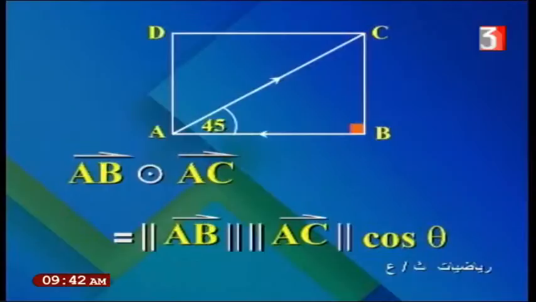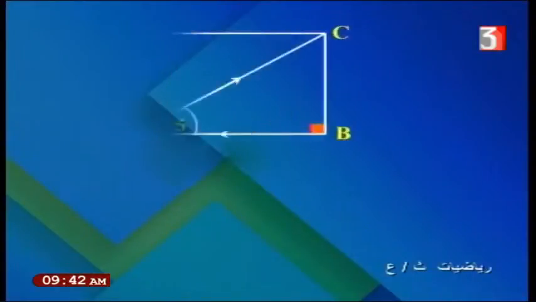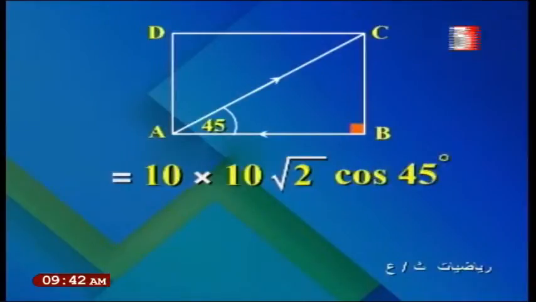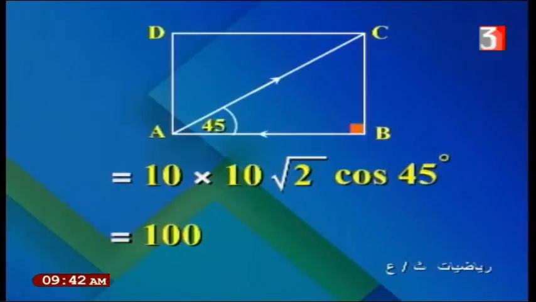Norm AB equals 10. Norm AC is 10 root 2, cosine 45. We know that cosine 45 equals what? Root 2 over 2. Multiply 10 root 2 by 10 by root 2 over 2, then the correct answer is 100.